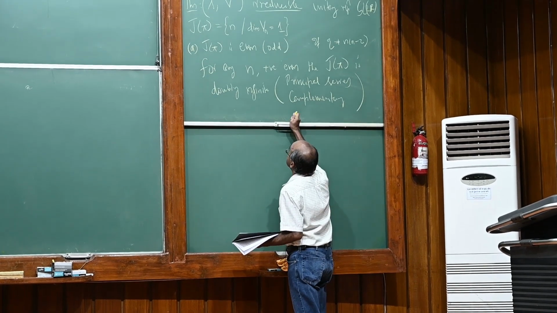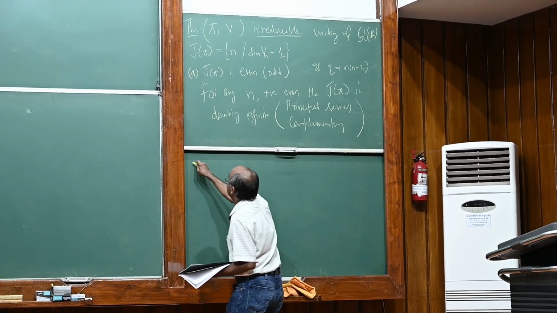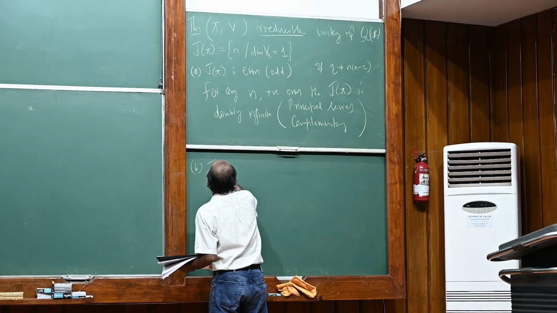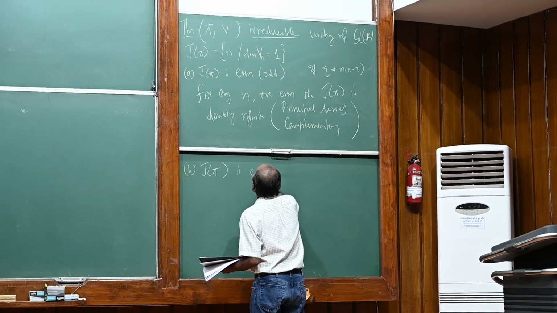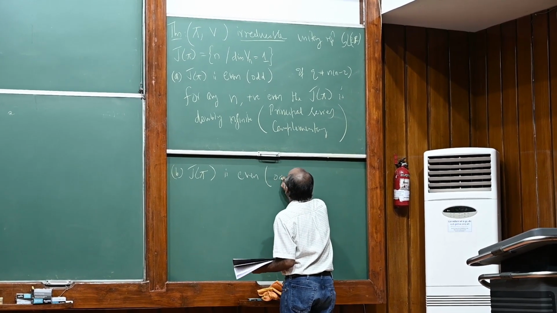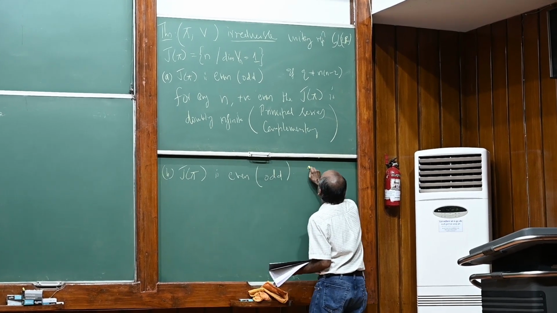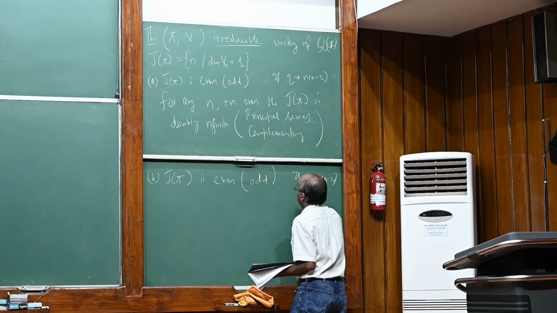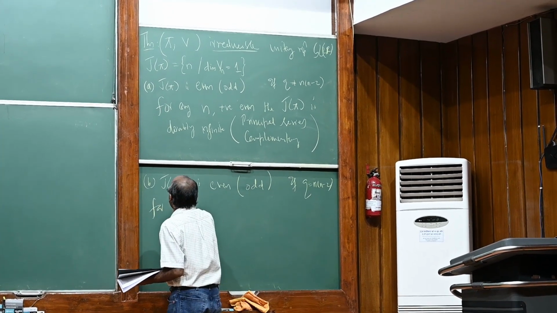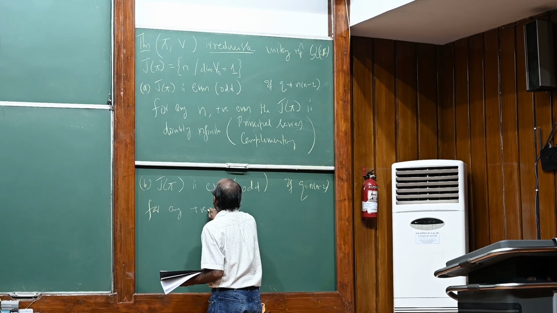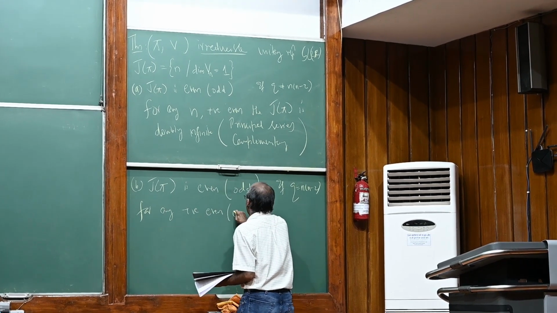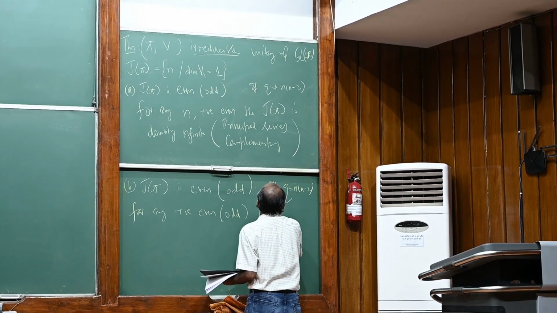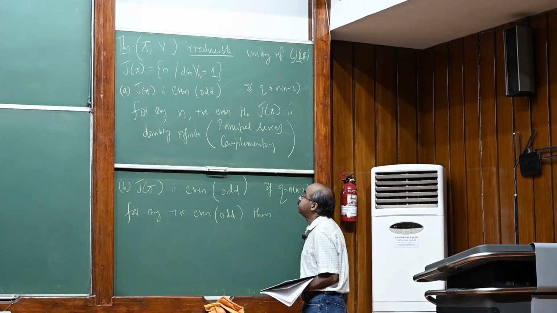And the other case is when J pi is even or odd, and Q equal to n into n minus 2 for any positive even or odd. Then we have three possibilities.